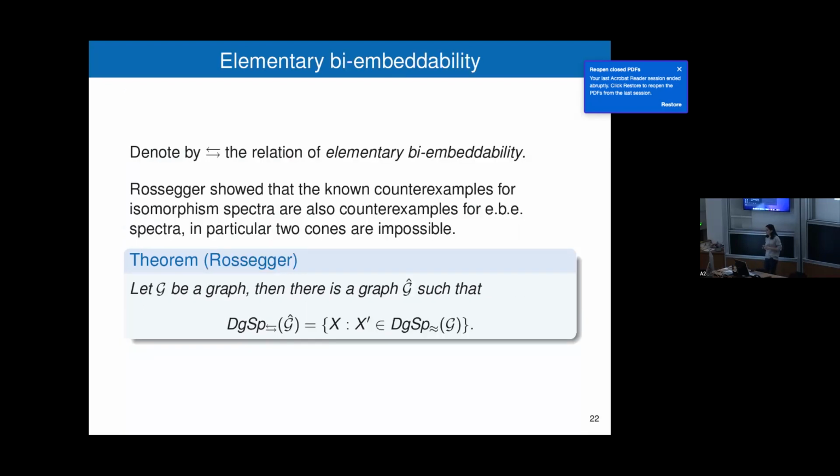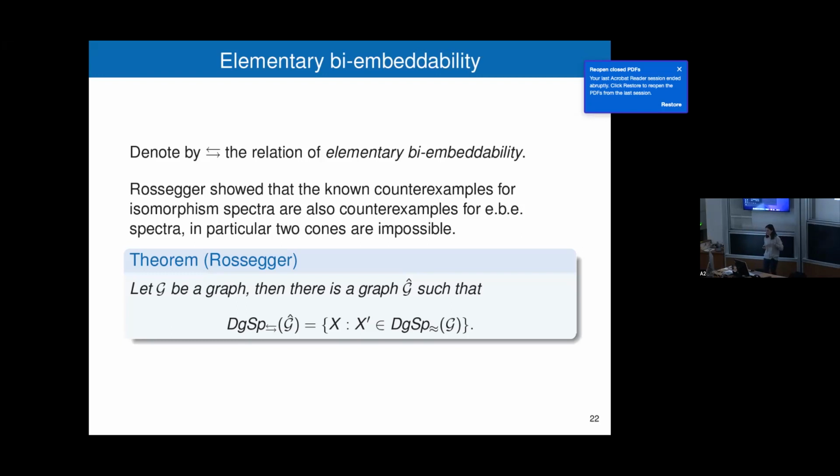For completeness, I also mention this result about elementary bi-embeddability proved by Dino Rosteger. He looked at the relation of elementary bi-embeddability, and he transferred several known counterexamples from the case of isomorphism to the case of elementary bi-embeddability.